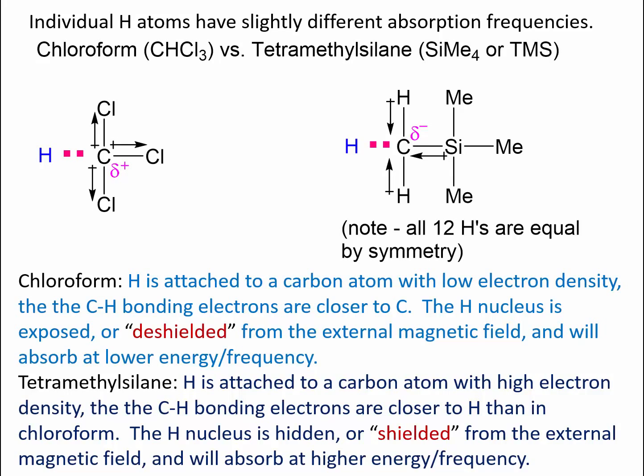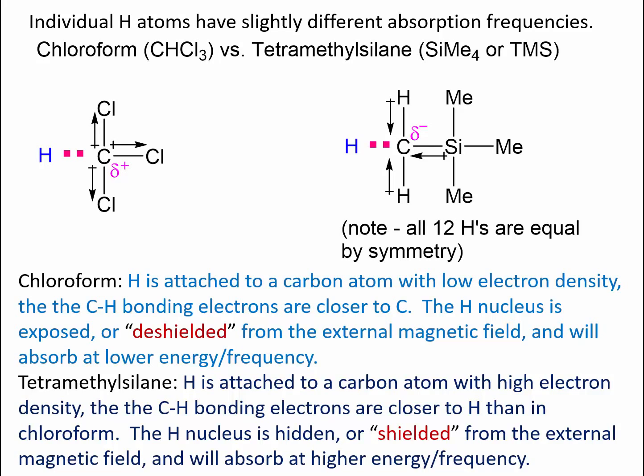And therefore, the bonding electrons in the CH bond are spending more time at carbon than at hydrogen. This carbon is fairly electronegative as far as carbons go because the electrons at this carbon are being pulled away by the chlorine. So there's a partial positive at this carbon, and this hydrogen is feeling that partial positive.